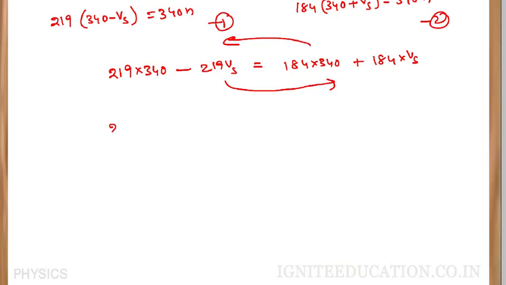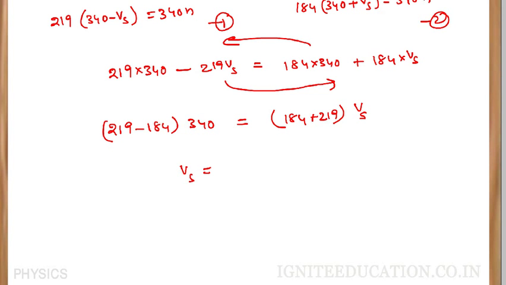So you will get 219 minus 184 into 340, which is equal to 184 plus 219 into vs. Now vs is equal to 35 into 340 divided by 184 plus 219, that is 403.